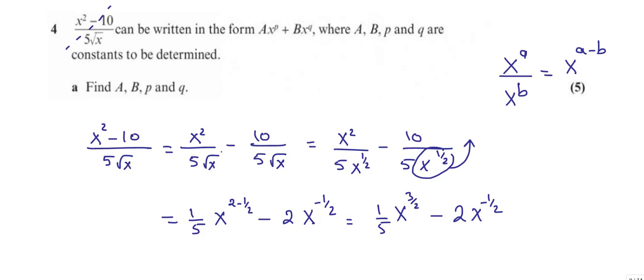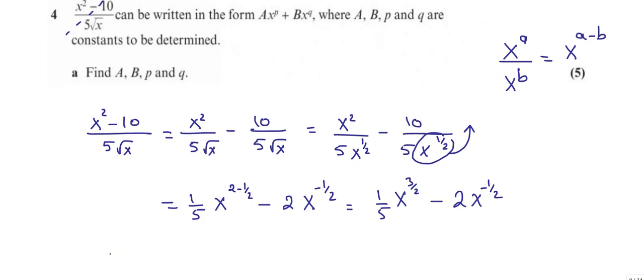Any problems? طبعا they are saying find A, B, P and Q. I already did, but it would be better if you say A equal, B equal, P equal, and Q equal. You have to do it this way. If you compare this, now you have to compare what and what? You have to compare this.